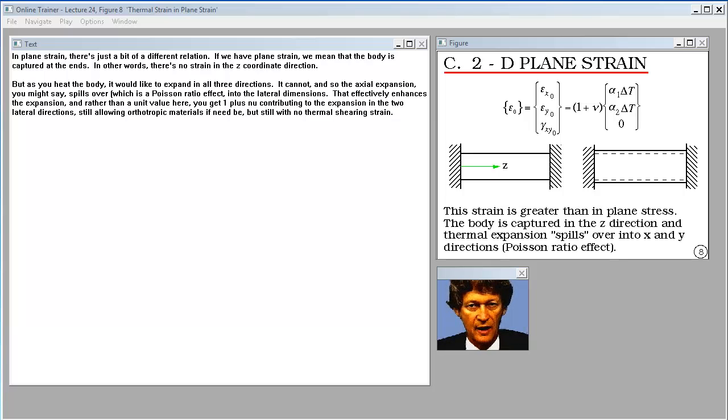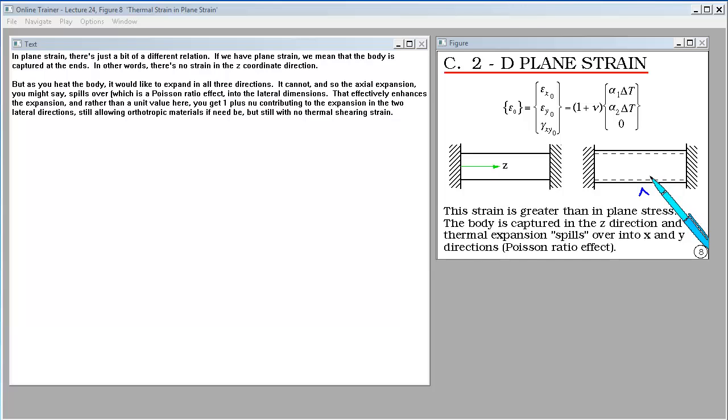In plane strain, there's just a bit of a different relation. If we have plane strain, we mean that the body is captured at the ends. In other words, there's no strain in the z coordinate direction. But as you heat the body, it would like to expand in all 3 directions. It cannot, and so the axial expansion, you might say, spills over, which is a Poisson ratio effect, into the lateral dimensions.